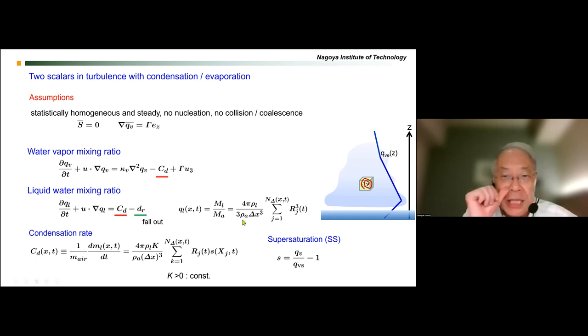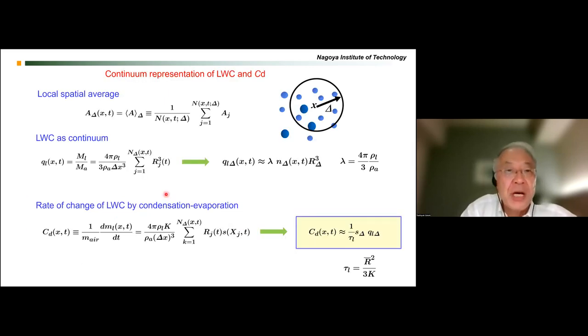But our target is to derive the spectra of supersaturation. Therefore, for this purpose, we would like to have some continuum representation of the LWC and the CD condensation rate. For this purpose, we introduce a local spatial average over a ball of size delta volume.